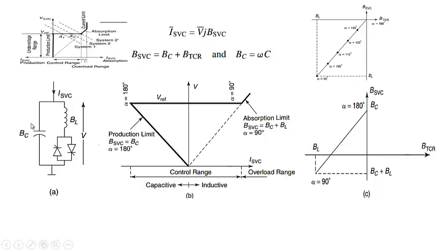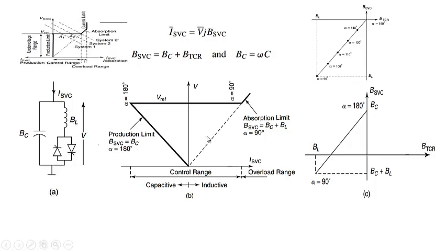Now, as I have told you, this capacitor is used only when the voltage is less than the reference voltage. This capacitor is fixed, it will act as a simple reactance. When voltage increases, the current through the capacitor will increase. When voltage is less as compared to the nominal voltage, we will not be using this BL, because it will further reduce the voltage beyond that voltage which is already less than the reference voltage.